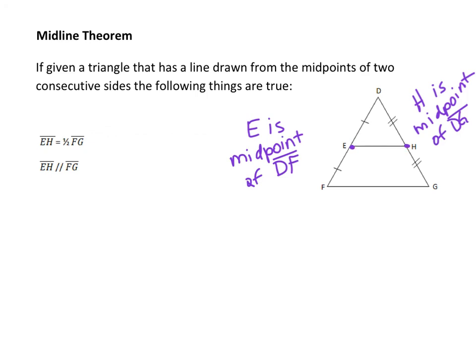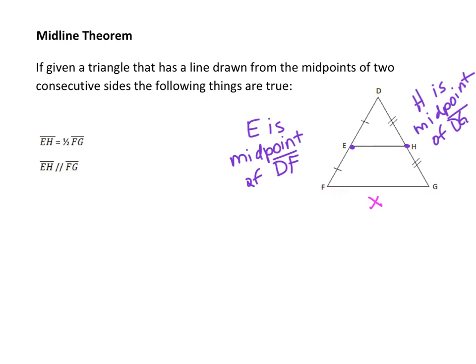So if you have a triangle where there's a line drawn from this midpoint to this midpoint, these 2 things are true. EH, that's our midline, is equal to half the distance of FG, which is the base of our triangle. So EH will always be half of FG, or 1/2 times whatever this length is. That's always true. And the other thing that's always true is that EH will be parallel to FG. So your midline will be parallel to the base. If we look at our figure, let's say that our base is x, because we don't know how long it is. So FG is equal to x.